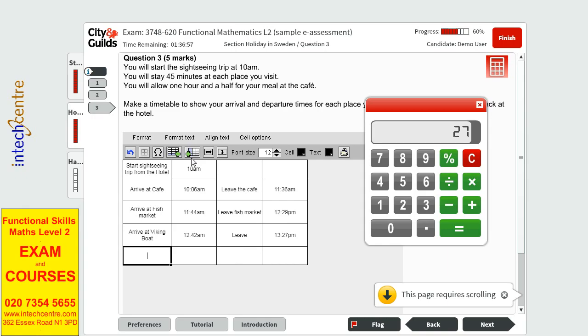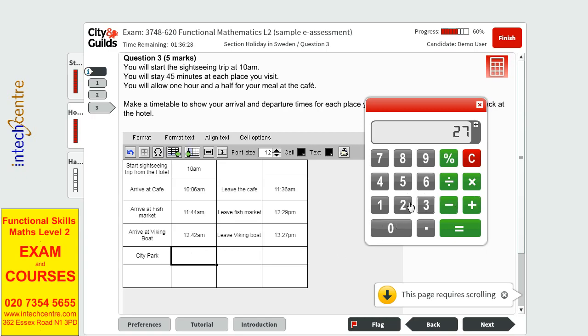And we'll need another row. Blank row, perfect. So we have city park. 1:27 we have to leave Viking boat. From there we go to city park, as I said, and it will take us 18 minutes to get to city park.